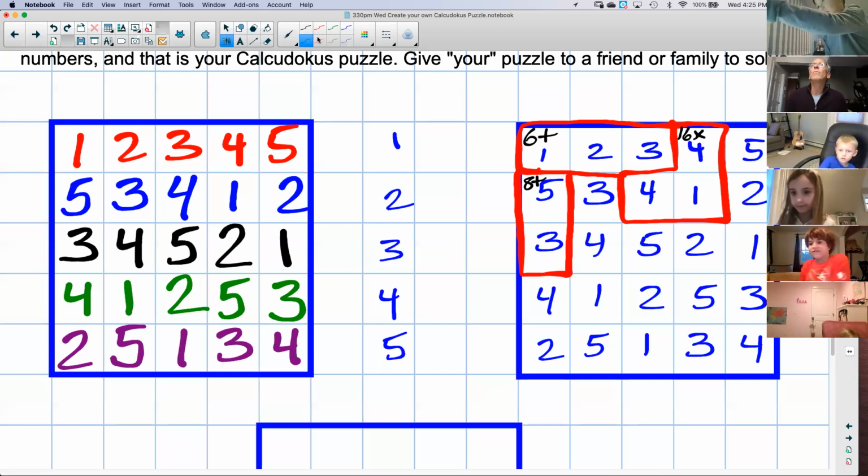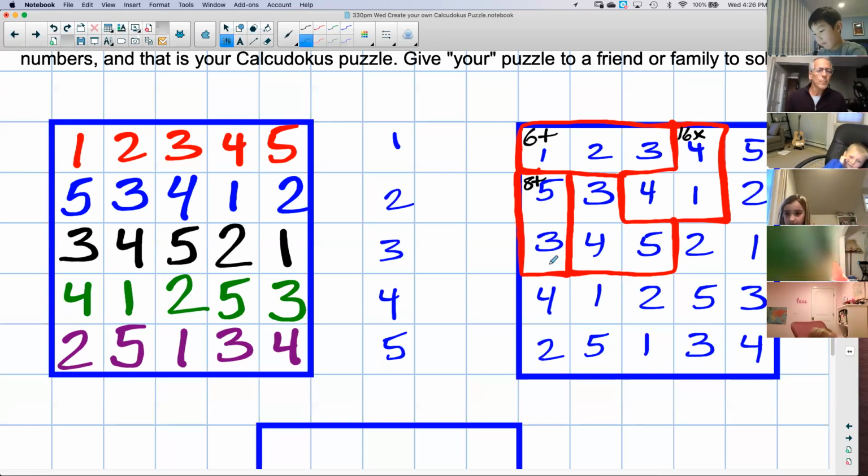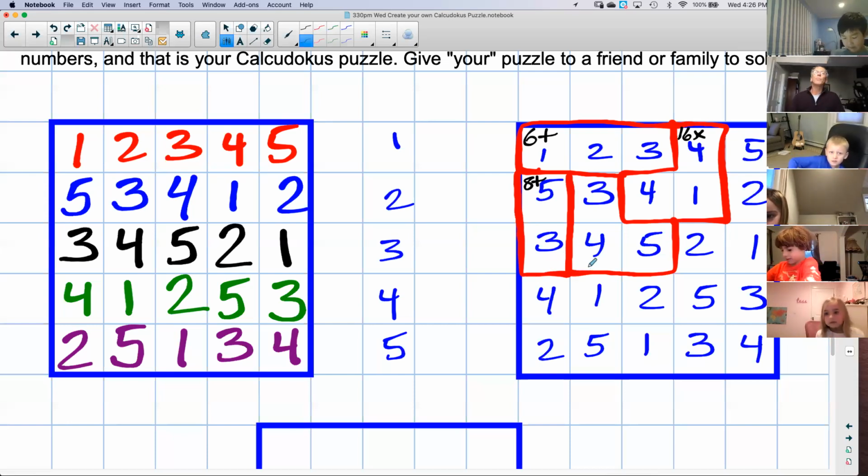Who can give me a really good operation for 3, 4, 5? Now you can't use division and you can't use subtraction.